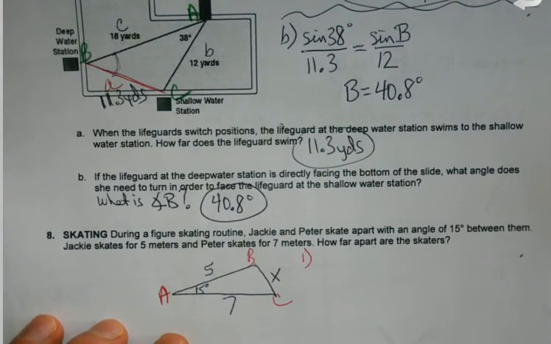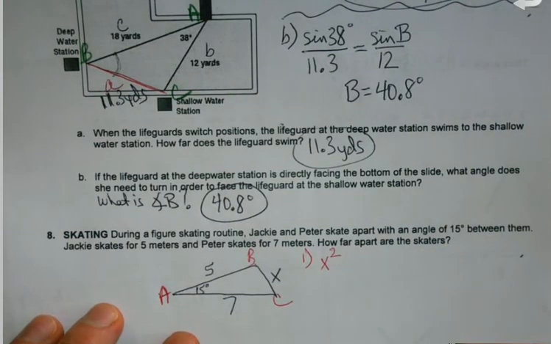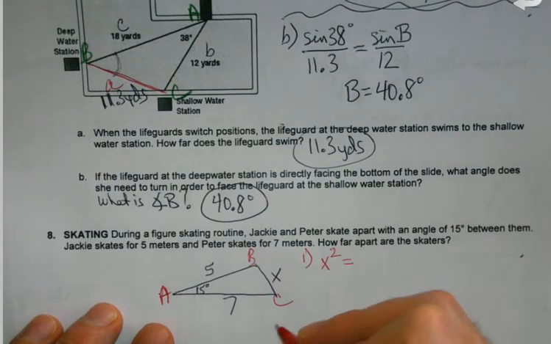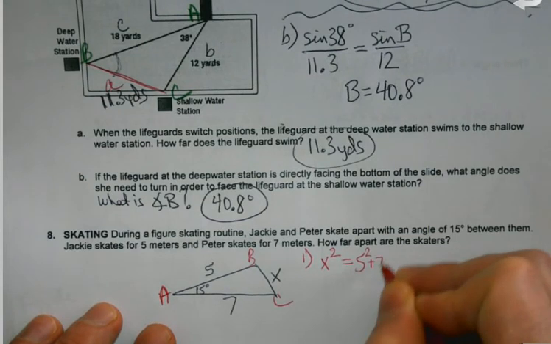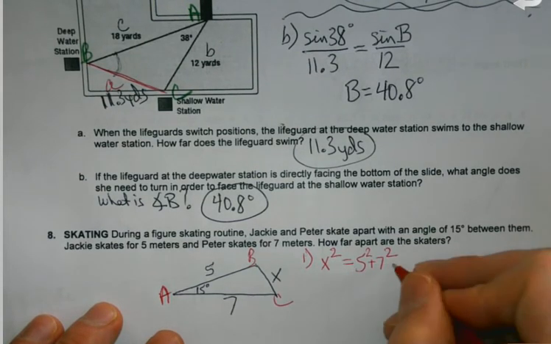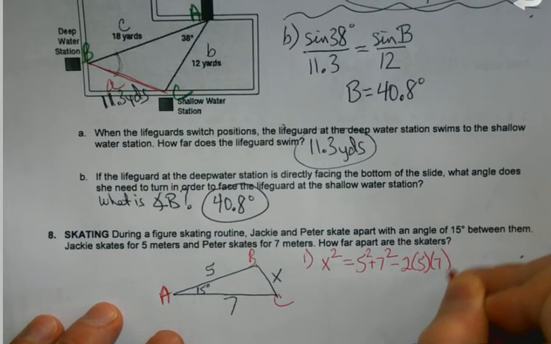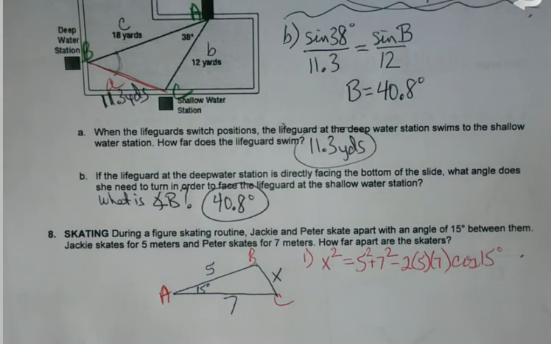Actually, no, we're not. Because we look and we'd say, we're looking for this missing side, x squared, we could call it a. And I'd look at it and I'd say, okay, I have the 2 sides. So we square those and subtract their product times the cosine of the angle.